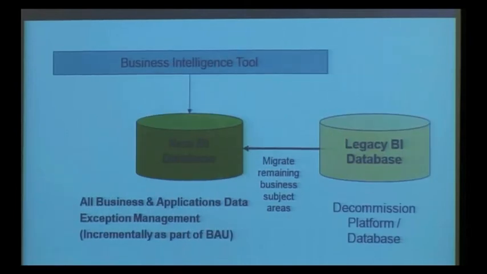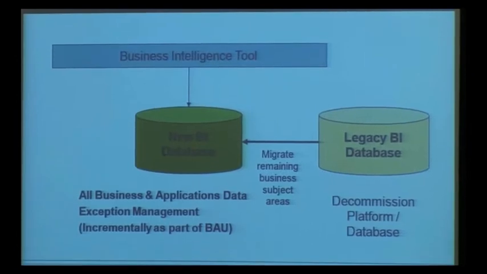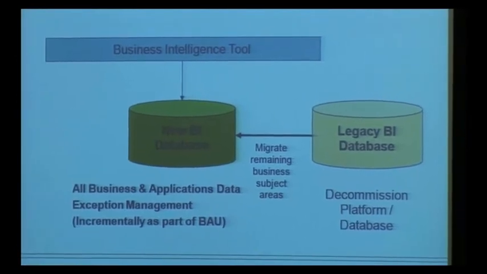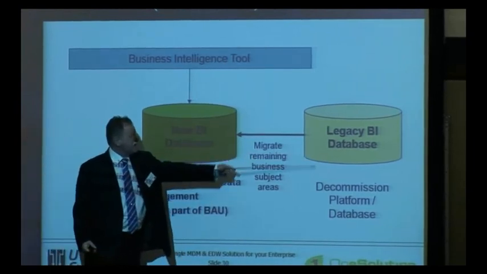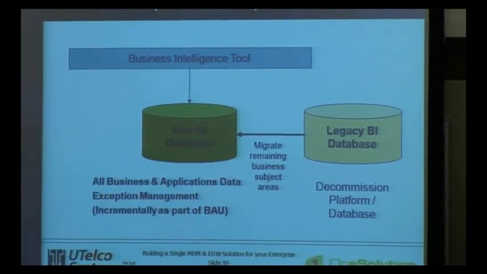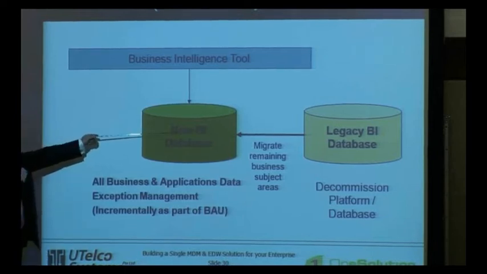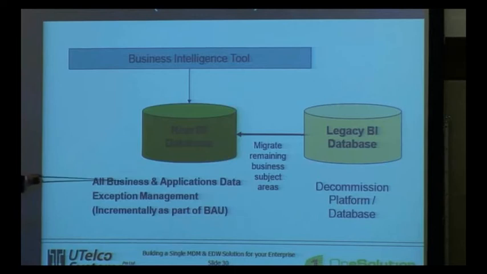Now, phase 3 is largely incremental because effectively at the end of phase 3, you're decommissioning the legacy platform completely. But you're migrating the remaining subject areas depending on the requirements of the business as usual projects.